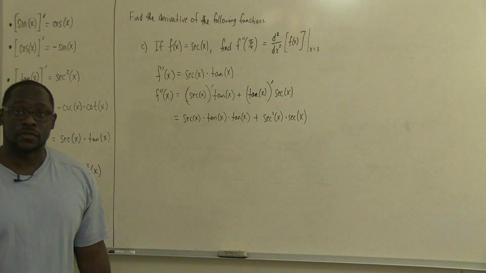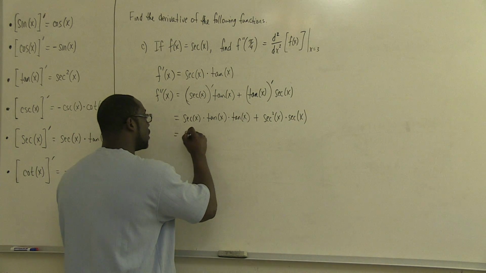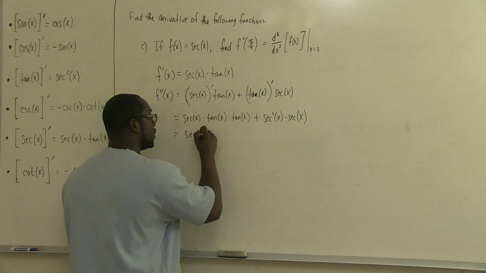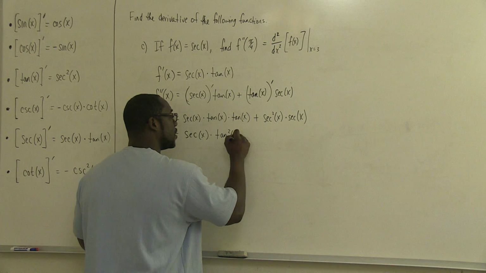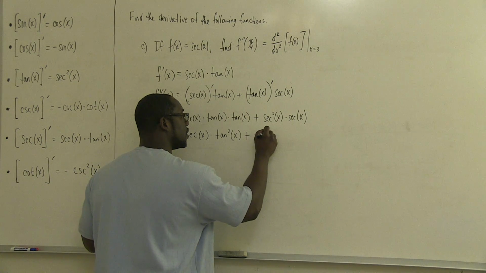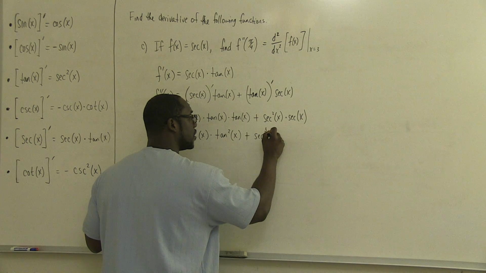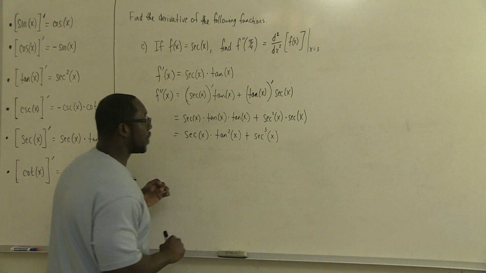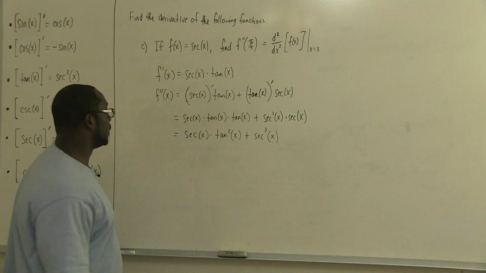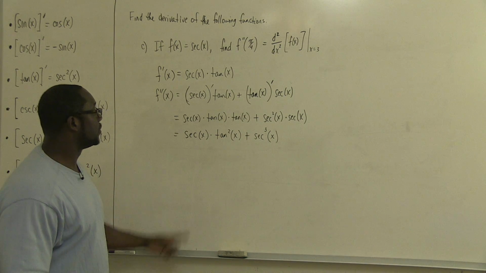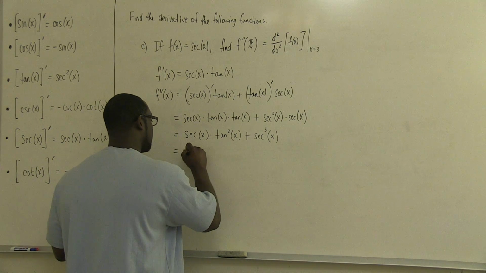Okay, so from this point, we're pretty much on easy street. Go ahead and combine whatever like terms we can. Okay. And so here, what we actually could have done is factor out a secant x, so I'll just go ahead and do that now.